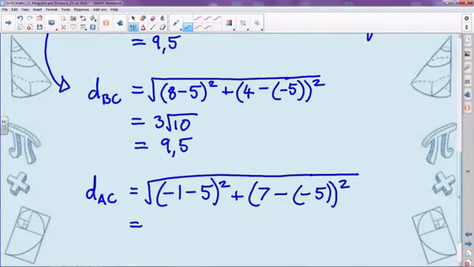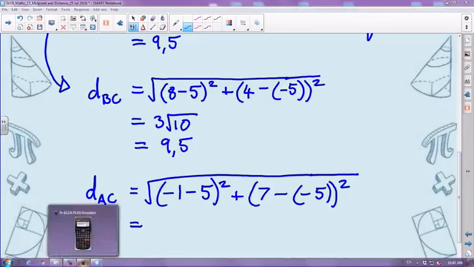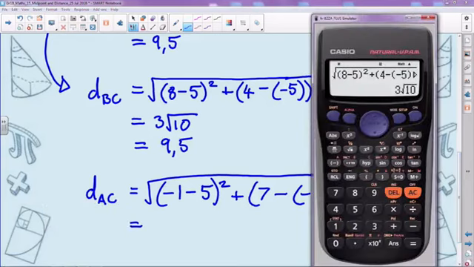And now we have this excellent thing called a calculator to help us out. And let's put the square root, and we have -1 minus 5, and we're going to square it. And then we've got plus, in brackets 7 minus, open up brackets again, minus 5, and close off both of the brackets, square it. We've got an answer of 6 square root 5.